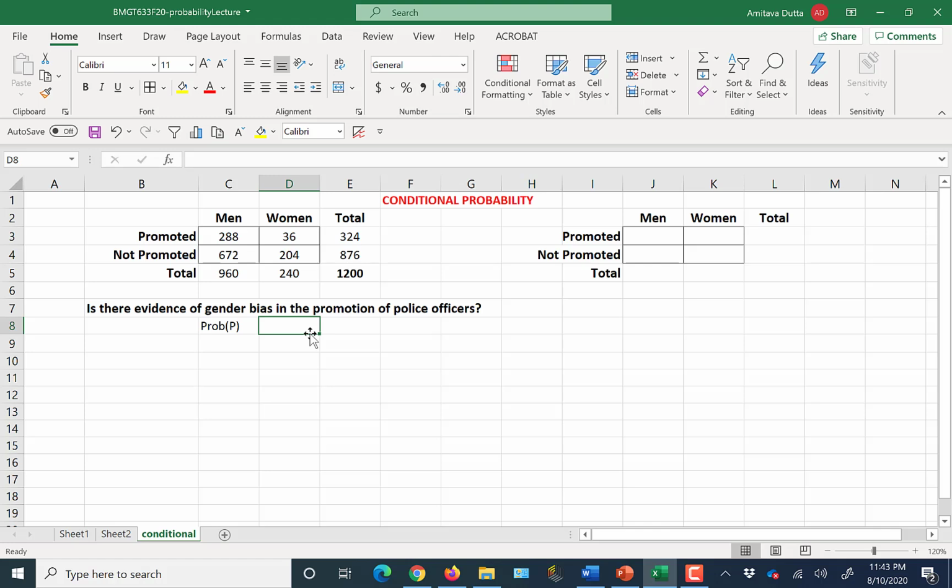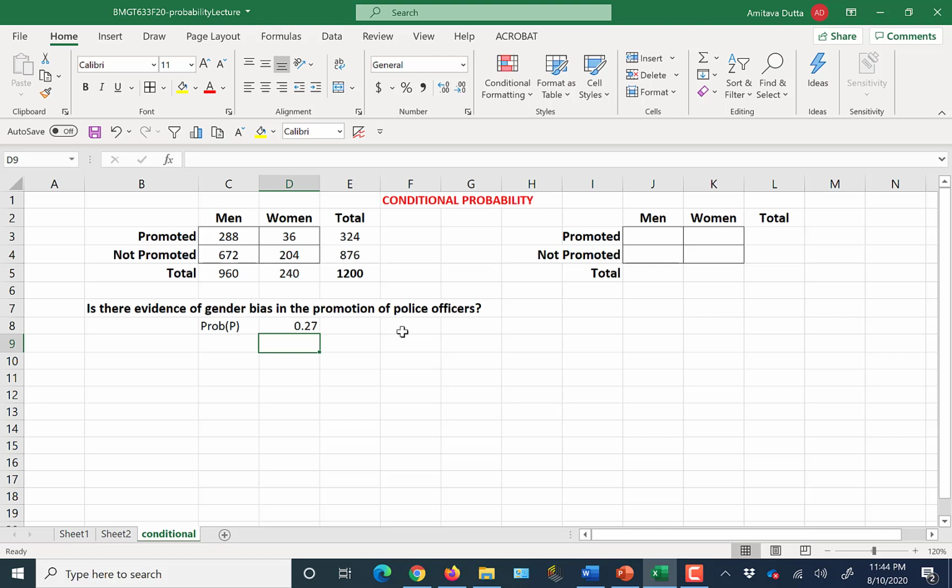Remember the definition that we had in our previous tutorials. The probability of an event is equal to the number of outcomes in that event divided by the number of outcomes in the sample space, assuming that all outcomes are equally likely. Out of these 1,200 officers, 324 were promoted, right? So if I pick an officer at random, the probability that the officer is promoted is simply 324 divided by 1,200.